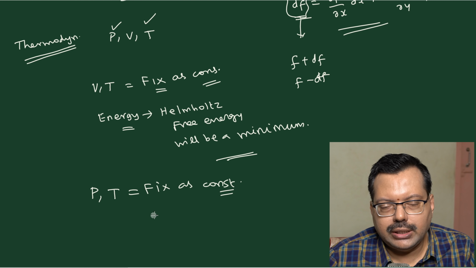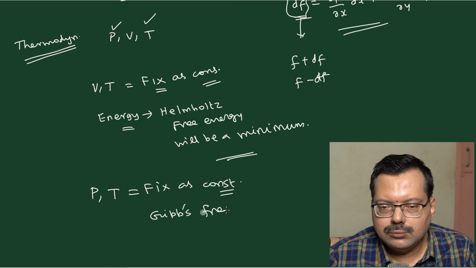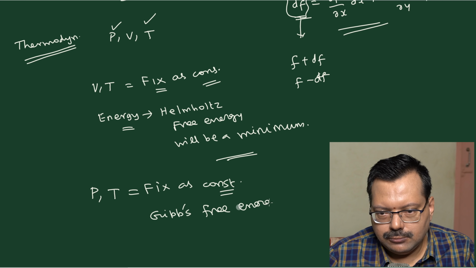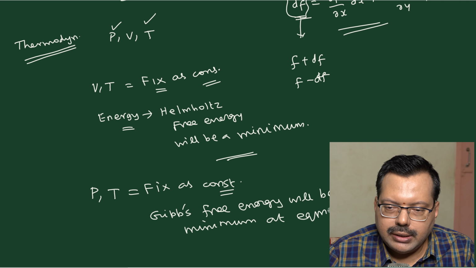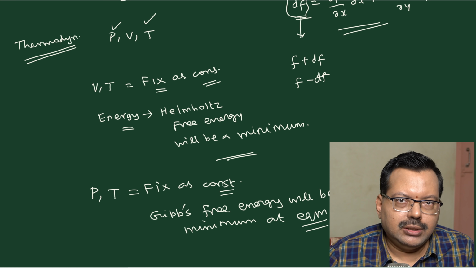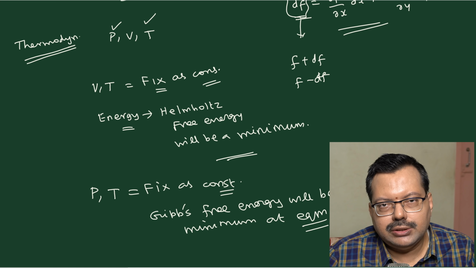So let me write that down. At equilibrium, remember, at equilibrium is very important. If you are not talking about equilibrium, then there is nothing to say whether it is a minimum or not.